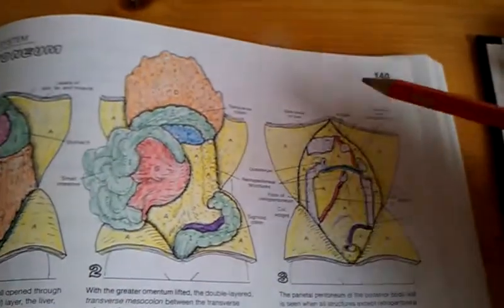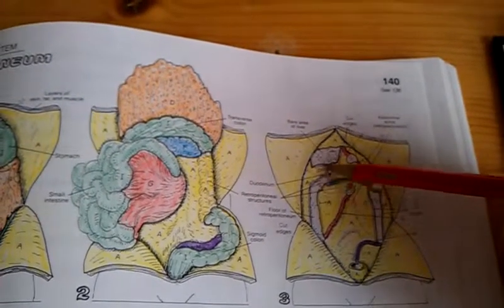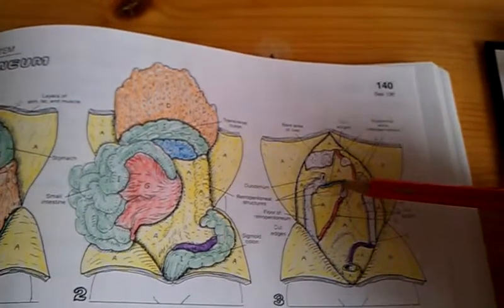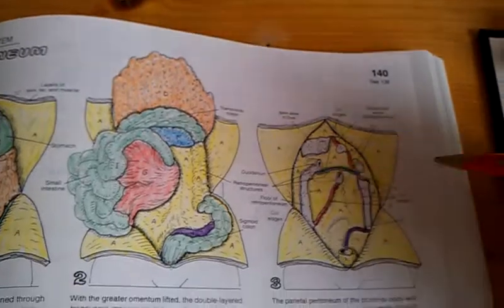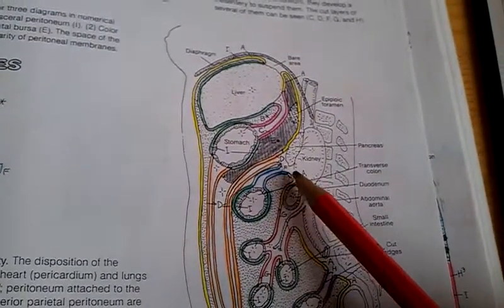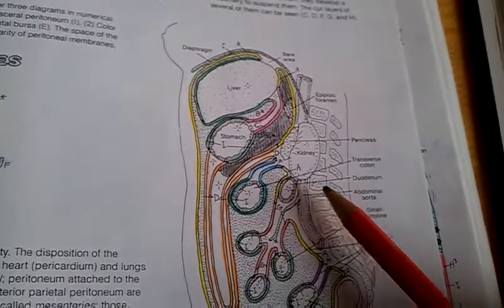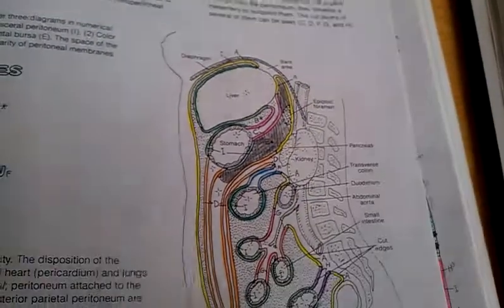Here is a picture to show that it is retroperitoneal in position. See here you have the duodenum, and the yellow is peritoneum. So it is behind. There goes the peritoneum. It is completely behind the peritoneum.